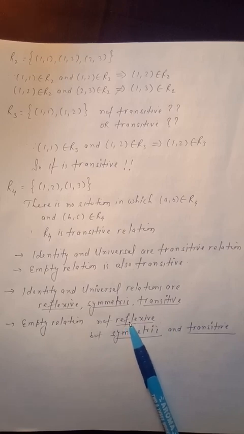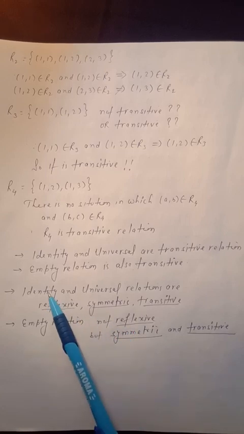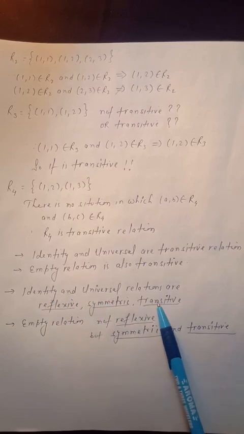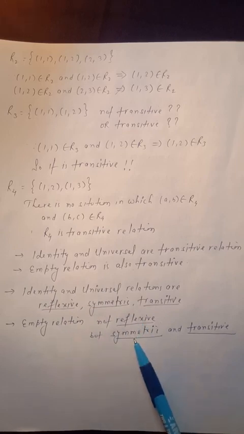So you must analyze why I am saying these points. Just take different examples from your book and analyze why identity and universal relations are always reflexive, symmetric and transitive, whereas the empty relation is not reflexive but it is symmetric and transitive.